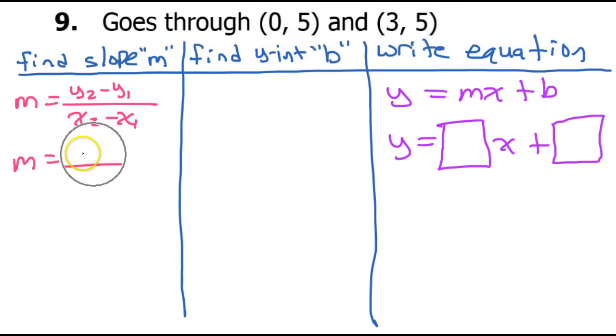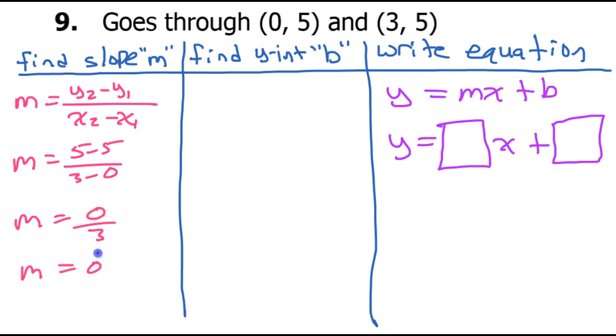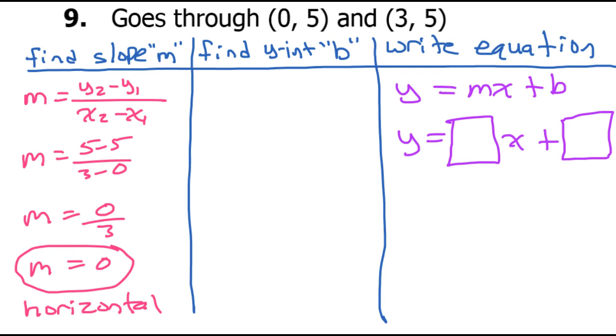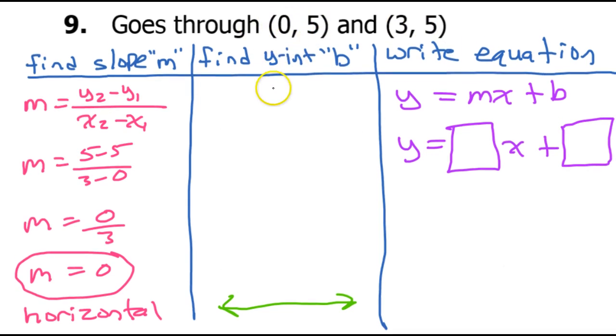Okay, y minus y. So that's 5 minus 5 over 3 minus 0. So that is 0 over 3. So the slope is 0. Please note that when the slope is 0, that means you have a horizontal line. So if you just want to picture it, we're talking about a line that goes like this. It's a horizontal line.